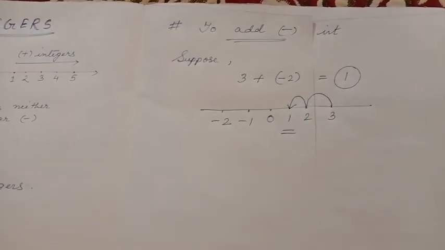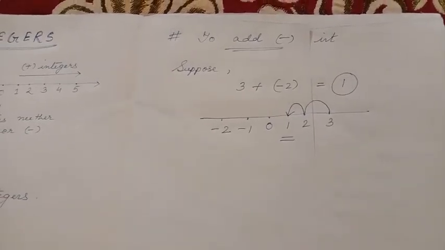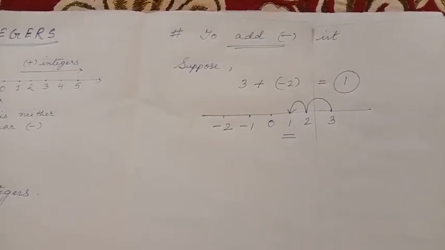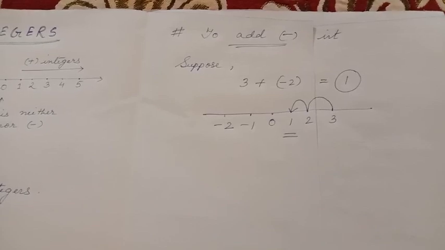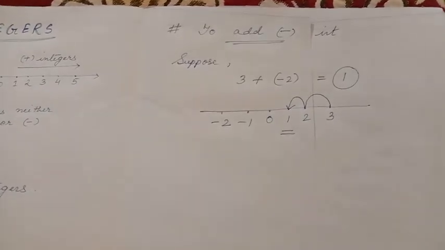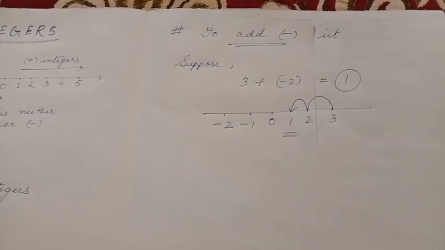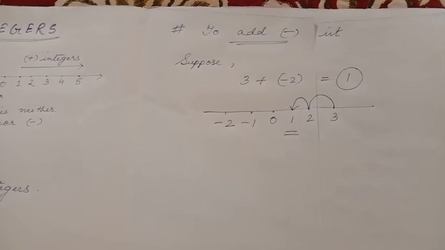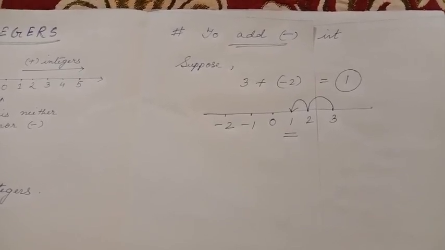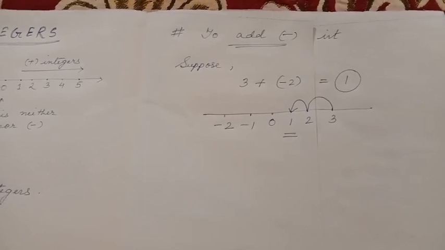But by using a number line, it is very difficult to add large integers. So for that, some alternative rules are there. First, to add two positive integers, you have to add them normally as natural numbers.